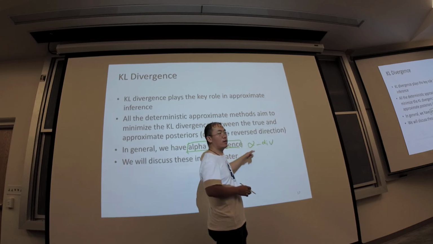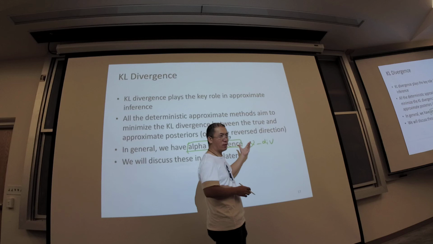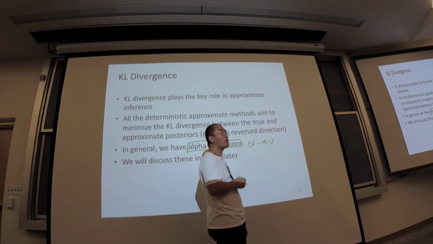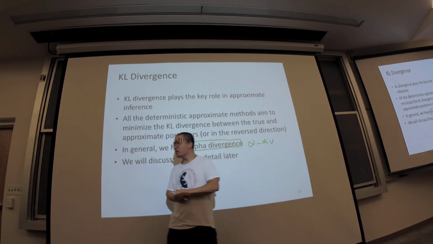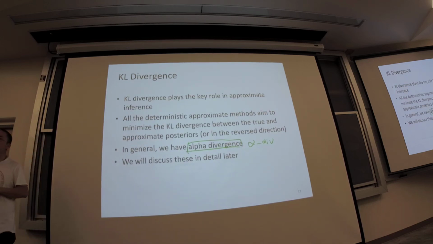It turns out that when alpha takes the value 1, it becomes one particular KL for a particular order. If you take alpha to be another value, you switch the order. And you can also take other values of alpha. So there's the so-called general alpha divergence. Anyway, when we discuss approximate inference, we'll come back to this later.